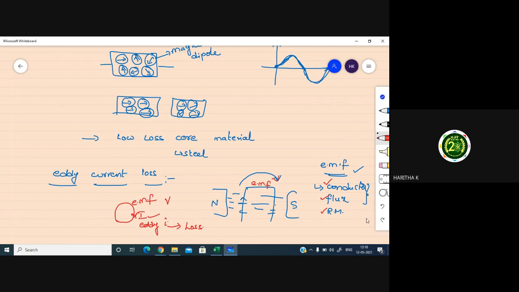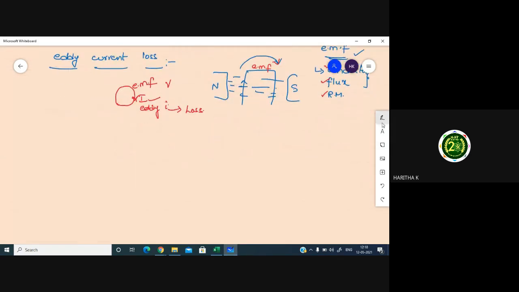Then how can we reduce this eddy current loss? The current is inversely proportional to resistance. If you reduce these eddy currents, then the loss can be reduced, right? Then how can we reduce this current?